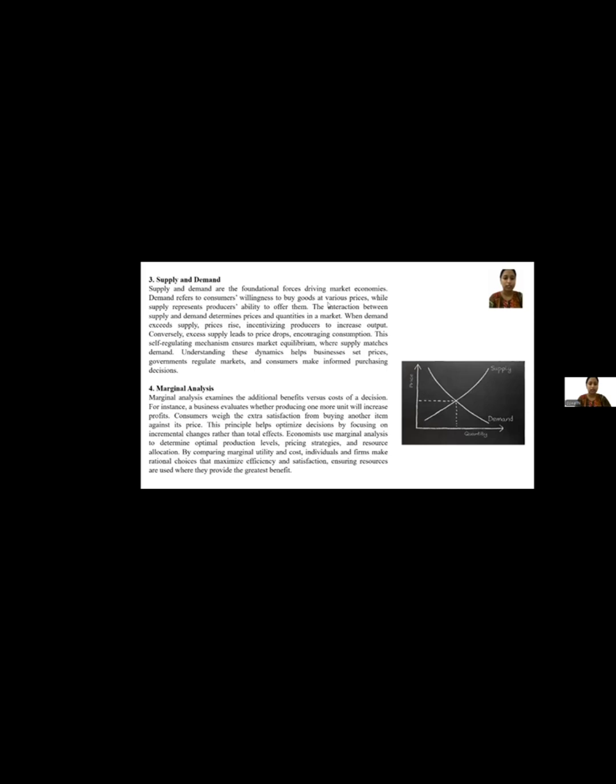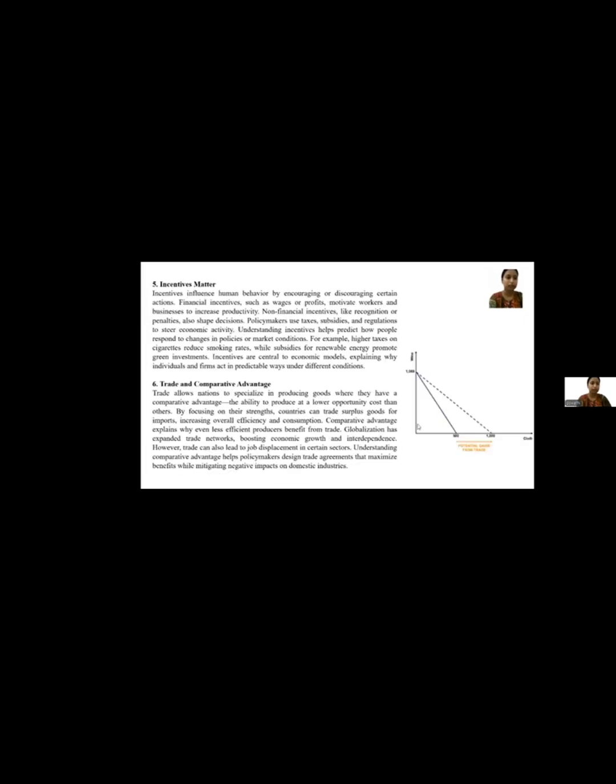Economists use marginal analysis to determine optimal production levels, pricing strategies, and resource allocation. By comparing marginal benefits and marginal costs, individuals and teams make rational choices that maximize efficiency and satisfaction. This ensures resources are used where they provide the greatest benefit.